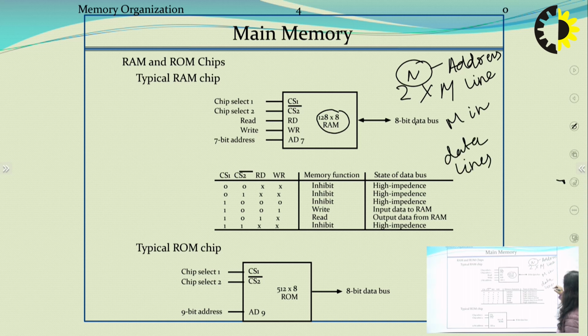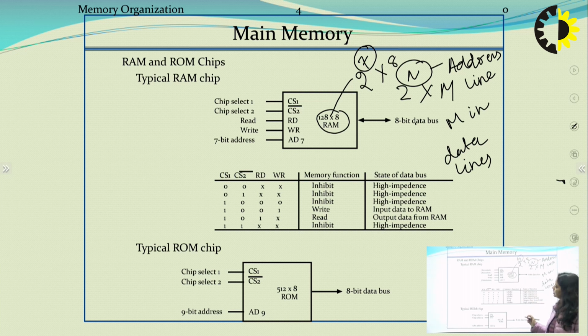So how can we write 128 into 8? 2 raised to the power 7 into 8. So we have 7 address lines in this configuration, and 8 data lines, if we consider RAM to be of size 128.